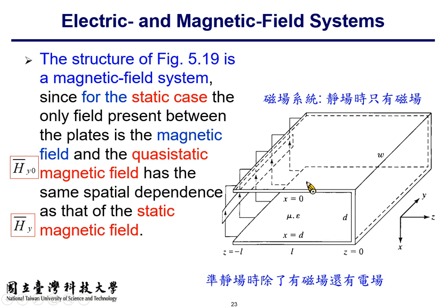You have static charge built up at the top and bottom plates, and you also establish an electrical field between the two plates. Because the only thing you have when supplying a voltage source is electrical field. So such a component can be referred to as an electrical field system.